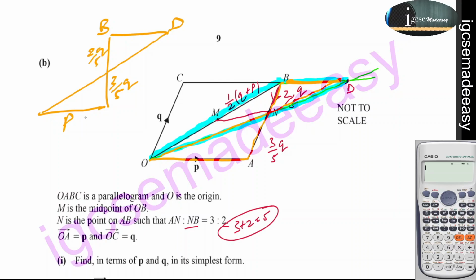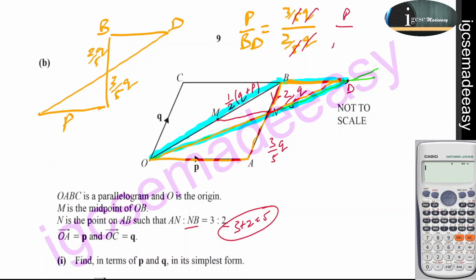So we can write p by BD equals 3 by 5 of q divided by 2 by 5 of q, right? In this case, q and q get cancelled out, and 5 and 5 also get cancelled out.